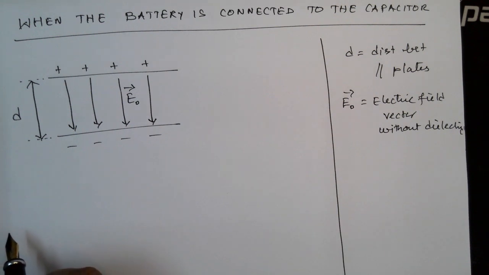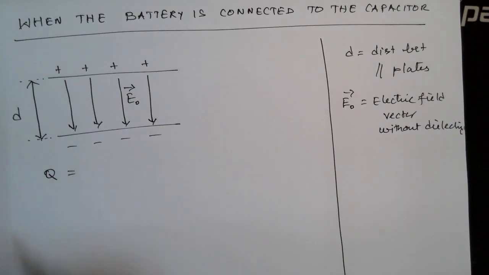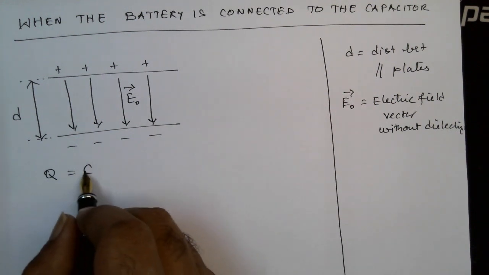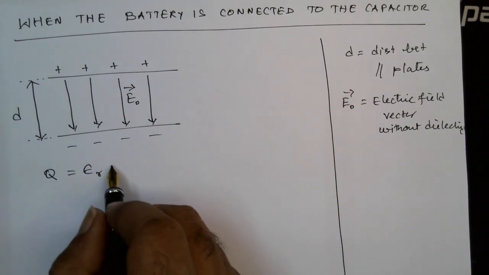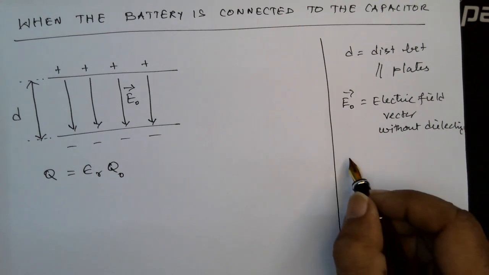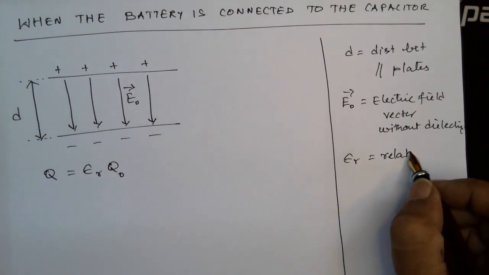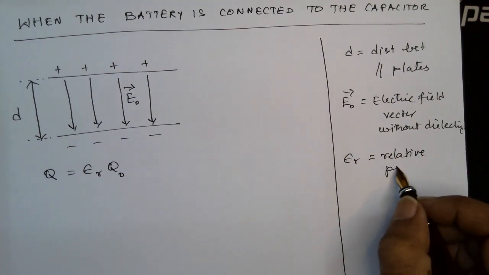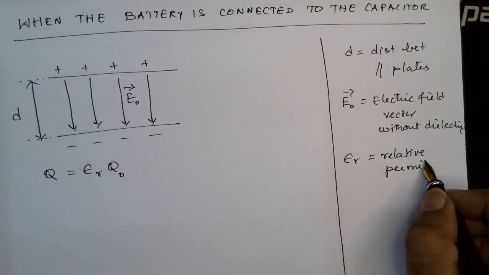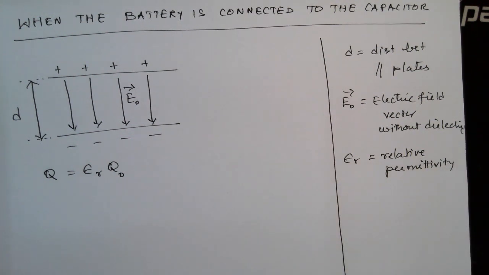We know Q is equal to epsilon r into Q naught. What is epsilon r? We already know, relative permittivity of a certain medium.